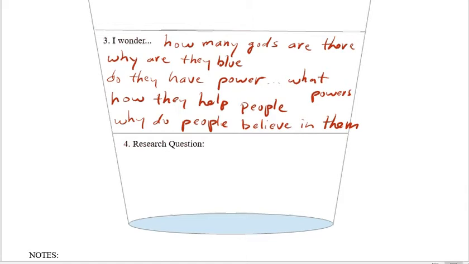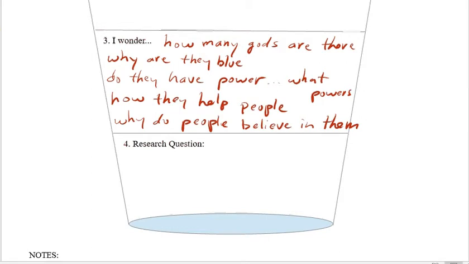Okay, so what you're going to do now is take your I wonder statements and start to construct questions from them. You'll notice that some of those I wonder statements are already in question form, so it's pretty easy. Now the trick is to come up with questions that are more open-ended.